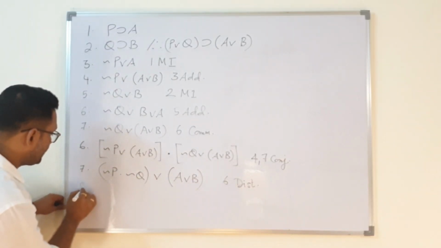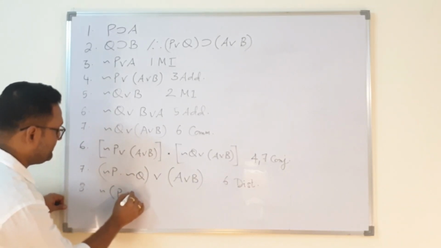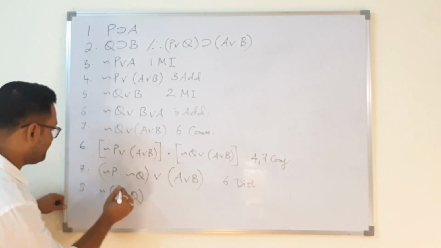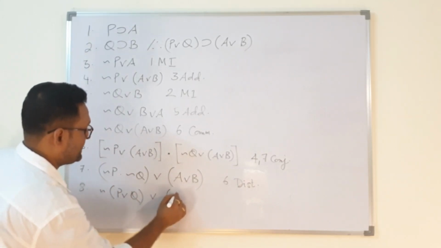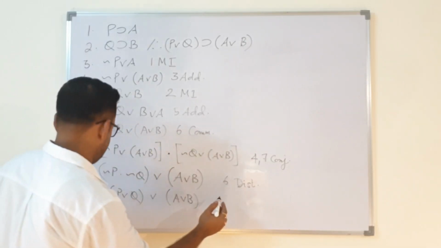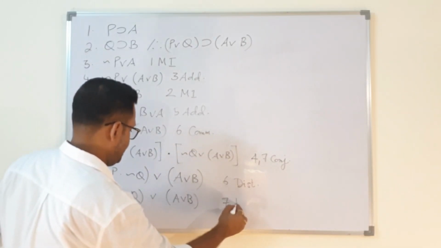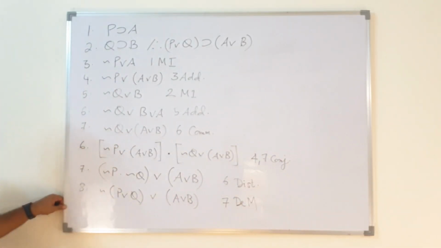So on step number 8, what will happen? This negation can go out, P wedge Q will come, and then wedge will be there, A wedge B, as usual from the right side. So this will be on 7 De Morgan's law, right? Because we have applied De Morgan's here.